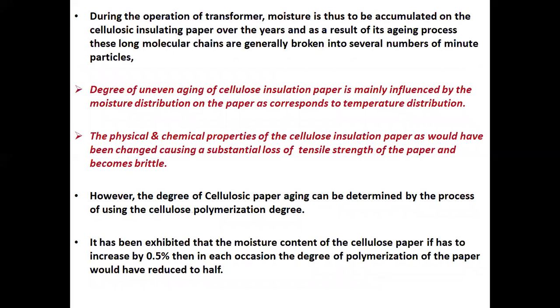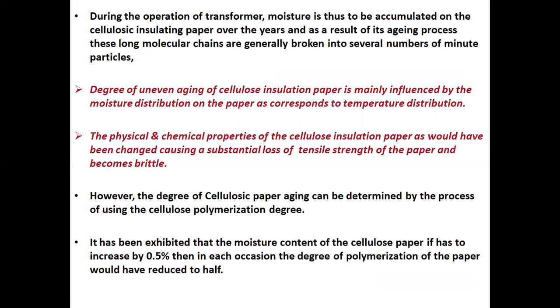During the operation of transformer, moisture is thus accumulated on the cellulosic insulating paper over the years. And as a result of its aging process, these long molecular chains are generally broken into several number of minute particles.